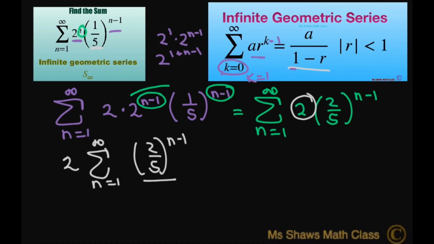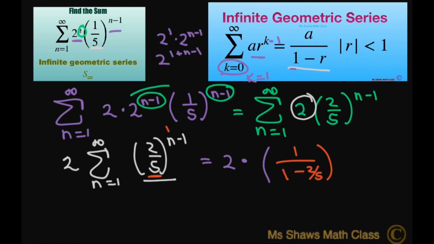So basically, we're going to write this as 2 times. Now, your first term would be 1, because if you substitute in 1 here, that's going to be 2/5 to the 0. So that means that the first term is 2/5 to the 0 power is 1. And then you're going to take 1 minus your common ratio is 2/5.